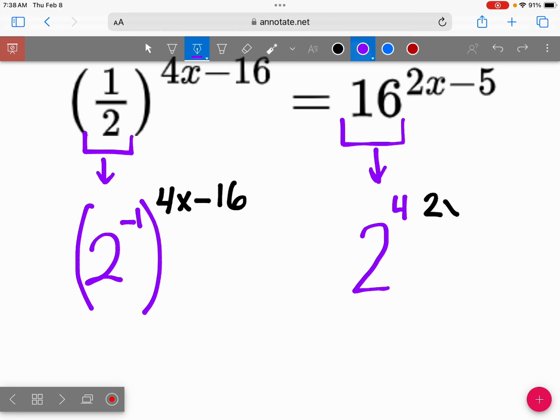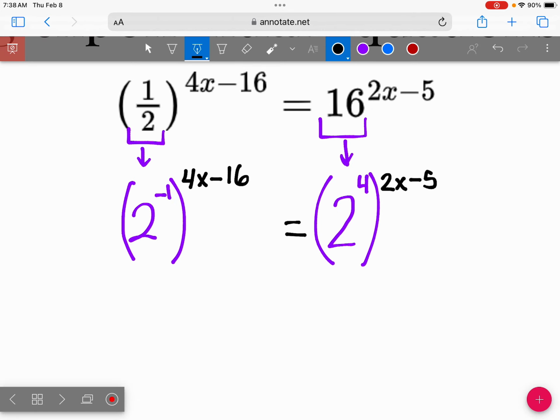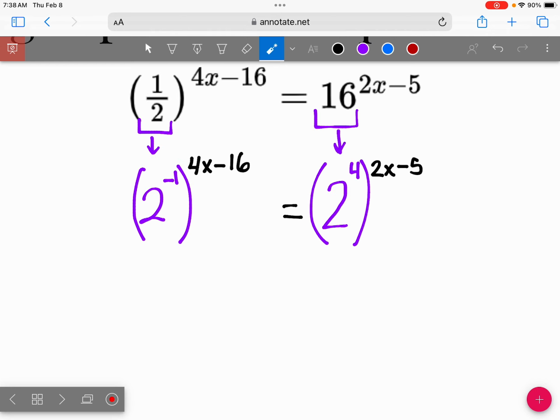Oh, I have parentheses. So my 16 turns into 2 to the 4th, and it still keeps its 2x minus 5. 1/2 becomes 2 to the minus 1, and it keeps its 4x minus 16. So sometimes you will have to change both bases, but that's a rarity. More often than not, we are only changing one, like the ones we've done before.